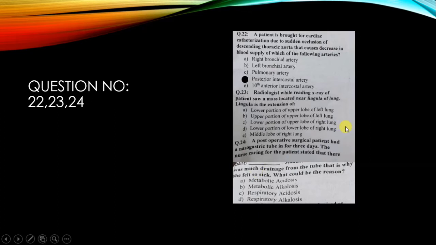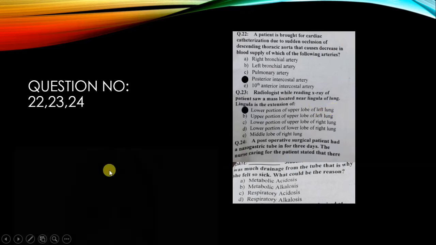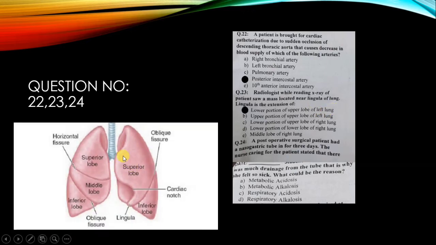Lingula is present in the left lung, so we are left with only option A and option B. But the lingula is present in the lower portion of the upper lobe. I have a picture you can see here: this is the superior lobe of the left lung, while this is the inferior lobe. The lingula is part of the superior lobe and it is present in the inferior part of the left lung.